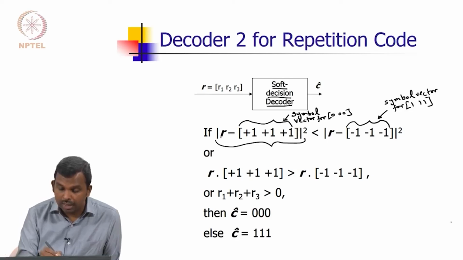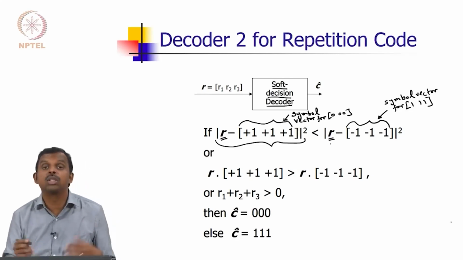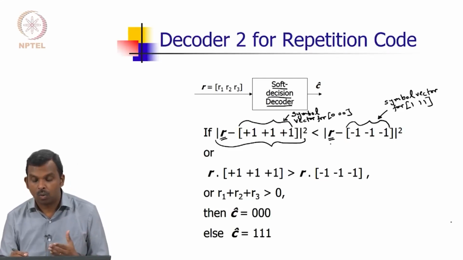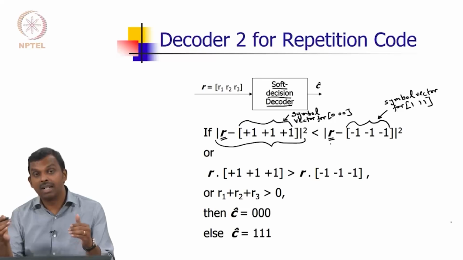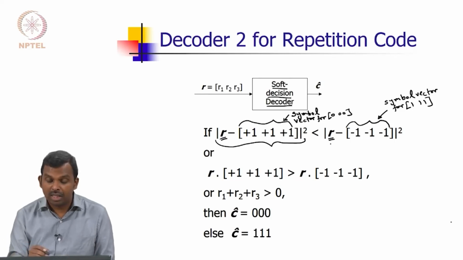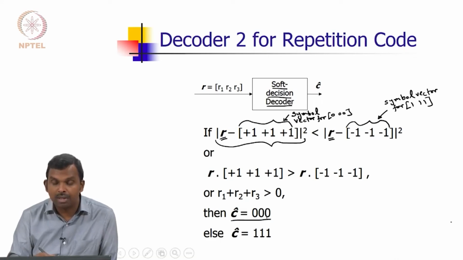Okay. So, you look at the received value and you find its distance from the two symbol vectors. What is the distance from 0 0 0? What is the distance from 1 1 1? Okay. But not in terms of bits, but in terms of real values itself, in terms of the symbol vectors +1 +1 +1 and -1 -1 -1. Okay. Whichever is closer, remember if it is closer to the code word 0 0 0, then you declare C cap is 0 0 0.